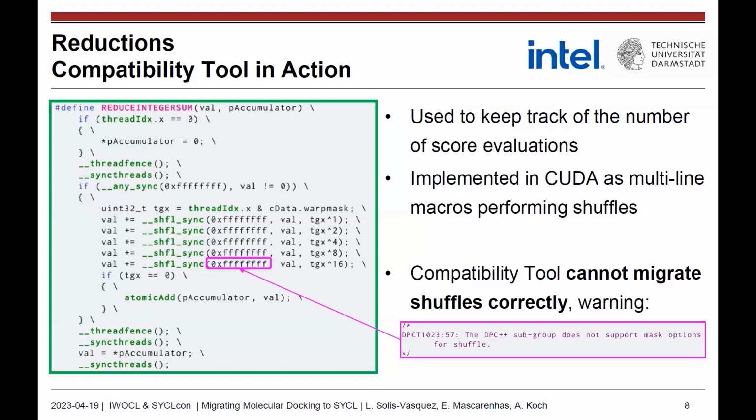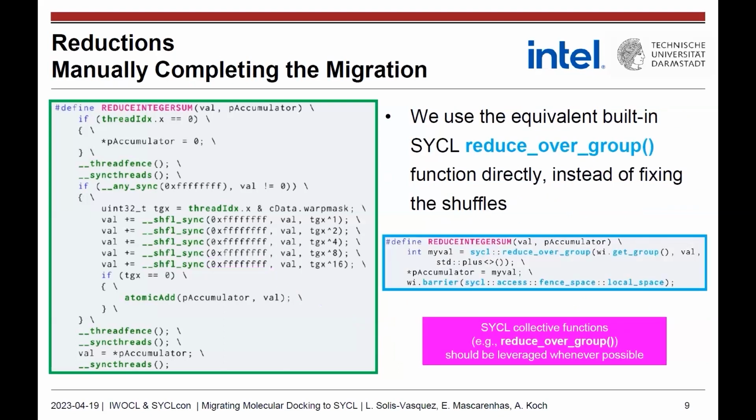When we pass this through the compatibility tool, we found that it cannot migrate these shuffles correctly. Specifically, this is because of the first argument of the shuffles in CUDA that is not supported in the SYCL counterpart. But analyzing this code closely, we realized that migrating this does not require us to deal with the shuffles one by one.